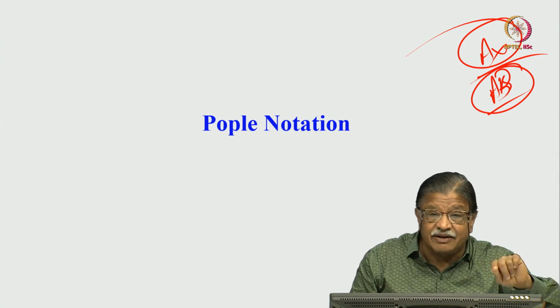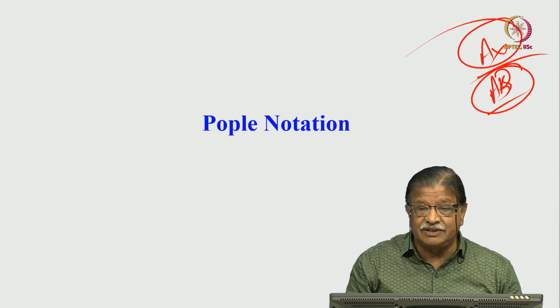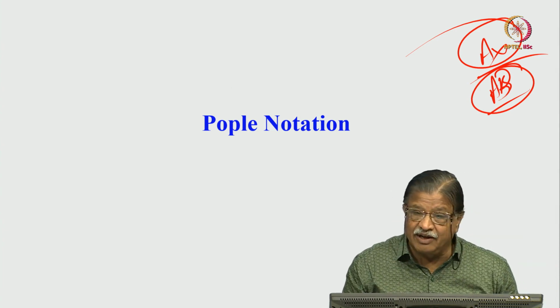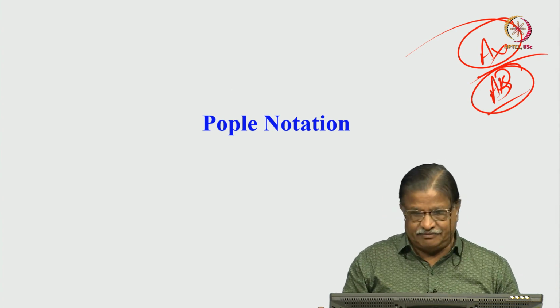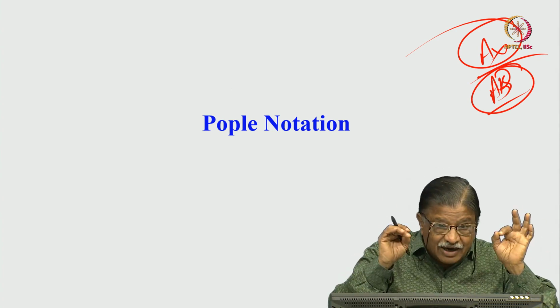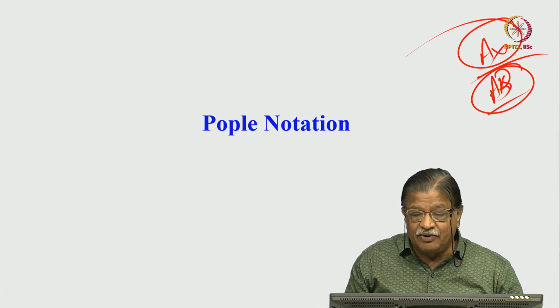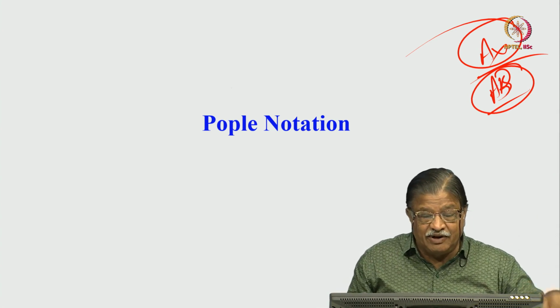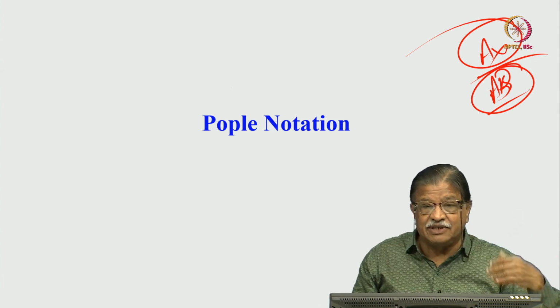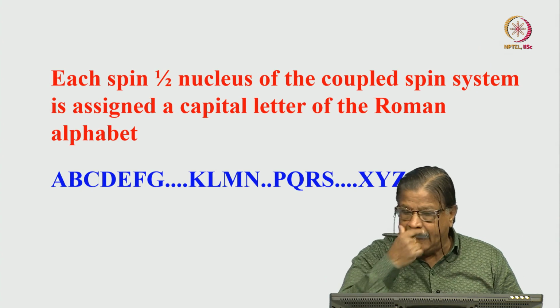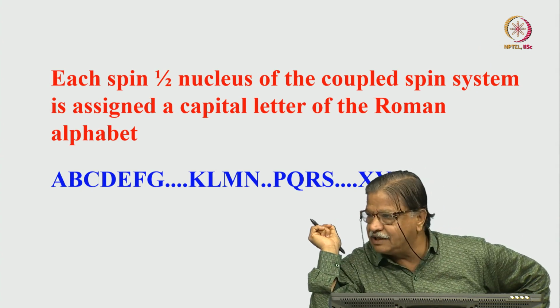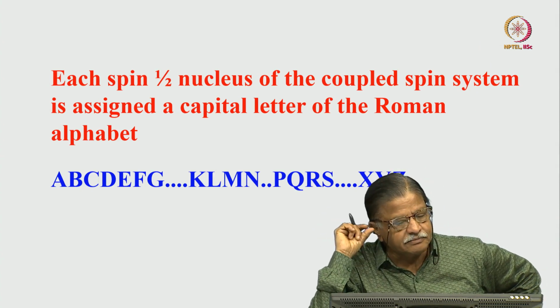There is a notation, a way we can say the spins are strongly coupled or weakly coupled. This is called Pople notation. You have to understand this. If you know the Pople notation, when you are analyzing a spectrum you can say whether the spins are strongly coupled or weakly coupled. How do we put a nomenclature for this?